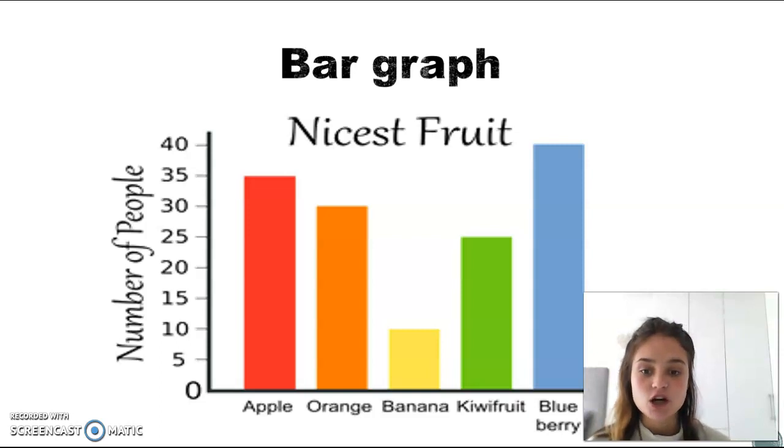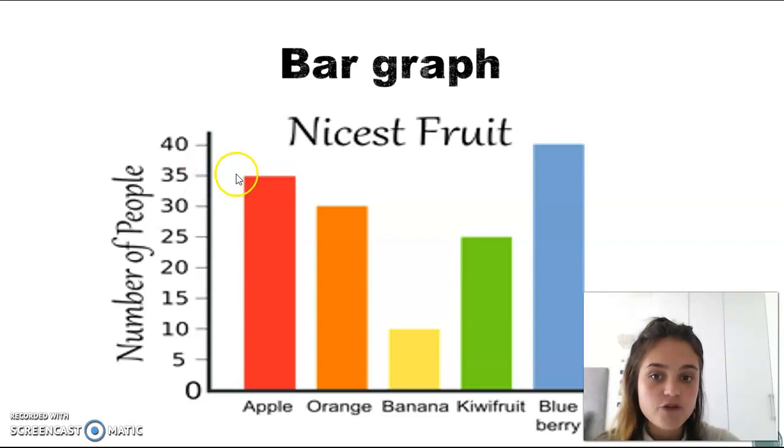So if you have a look, the first one, which is in red, says apples. And if you go all the way up and in line with the number over here, it says 35 people liked apples. That was what they found to be the best. Then if we look at oranges, it says 30. It's in line, and you may want to use a ruler sometimes if you're doing this.